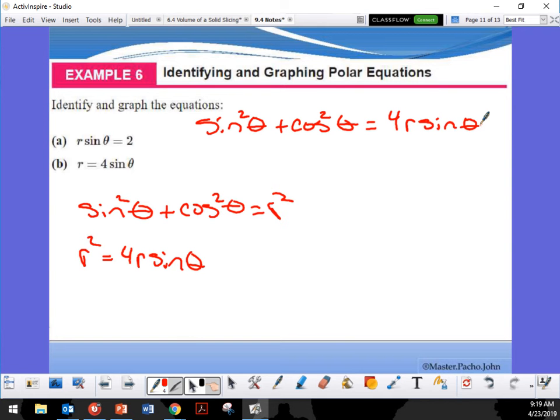I don't like the sines and cosines. Not 0, 1. Yes, not one, but negative. So I could do this.